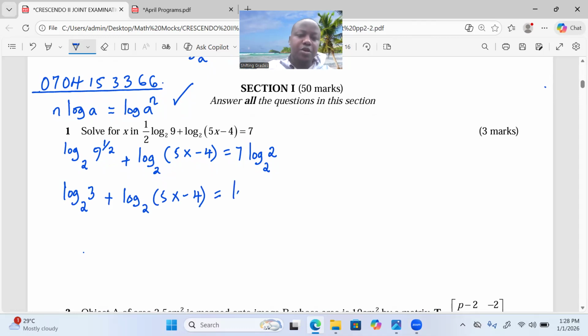This is equal to the log to base 2 of 2 power 7. Instead of 7 log of 2 to base 2, now we make it log of 2 power 7 to base 2, like that. And the value of 2 power 7 is 128.